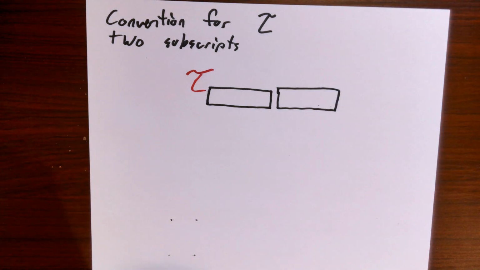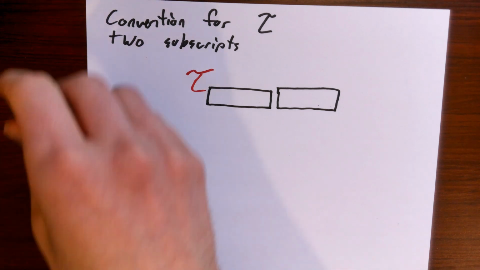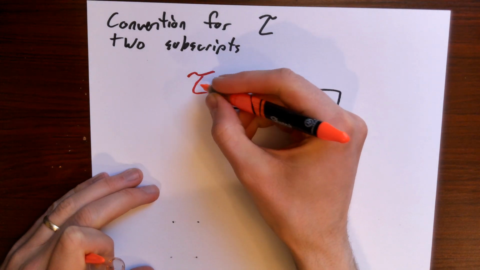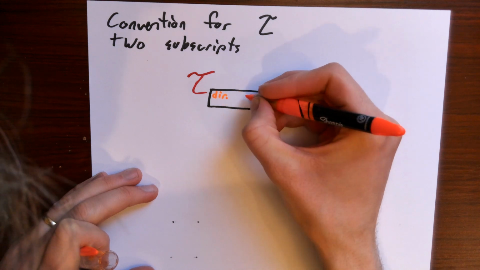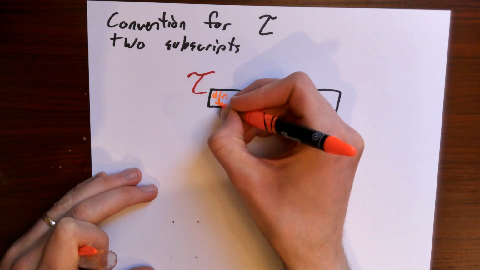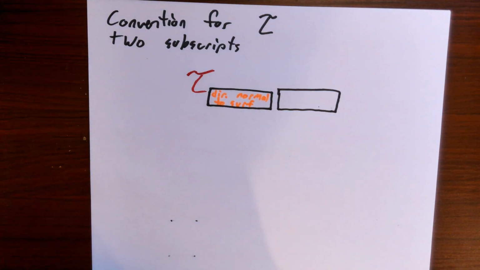The first subscript defines a direction normal to our surface, right?